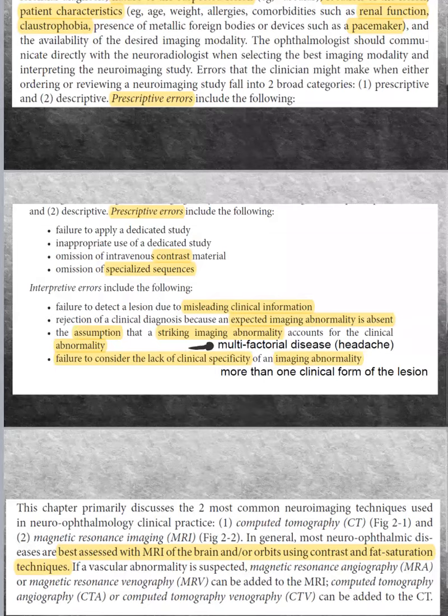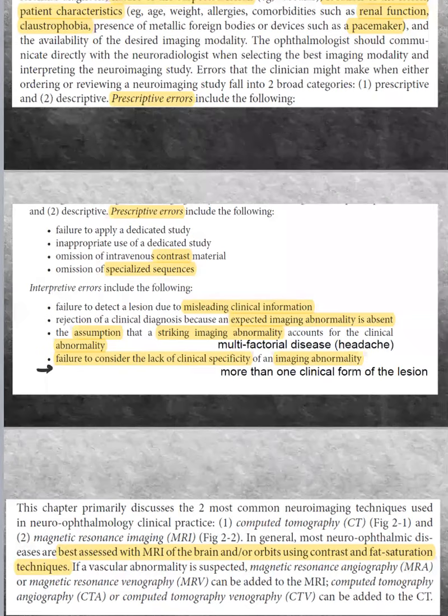The example here is that I may have multifactorial diseases. The factor that I can see in neuroimaging is not the only factor responsible for this disease. Here I have the reverse: failure to consider the lack of clinical specificity of an imaging abnormality. I may have an imaging abnormality, but it may cause a lot of diseases, a lot of variants, more than one clinical form of the lesion.